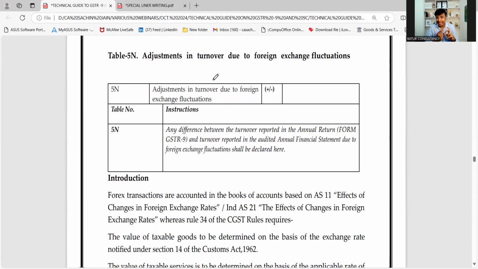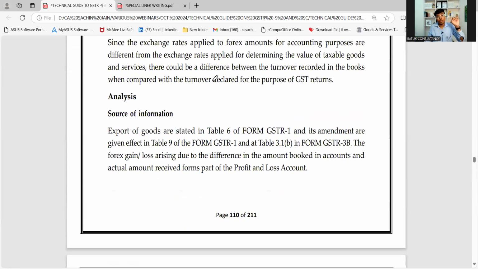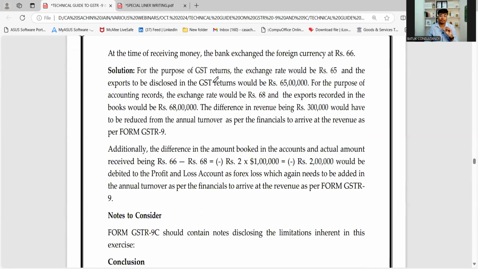As we all know, in case of GST, if there are any changes in price due to foreign exchange fluctuations, we need to adjust it while calculating the value on which GST should be charged. But the same may not affect the financial statement. So in such a situation, there may be a difference in both turnovers, and we need to do the reconciliation with the relevant figure.